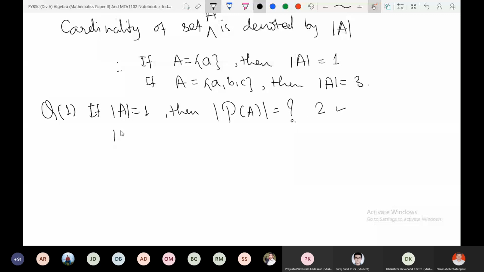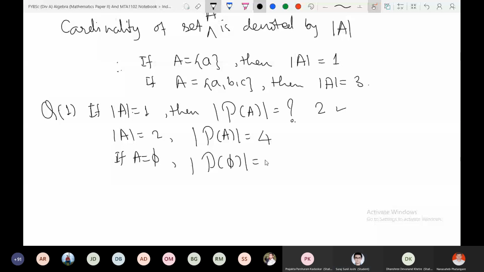If the cardinality of A is equal to 2, then what is the cardinality of the power set of A? 4. If A is the empty set, then what is the cardinality of the power set of the empty set? 1. Very good.